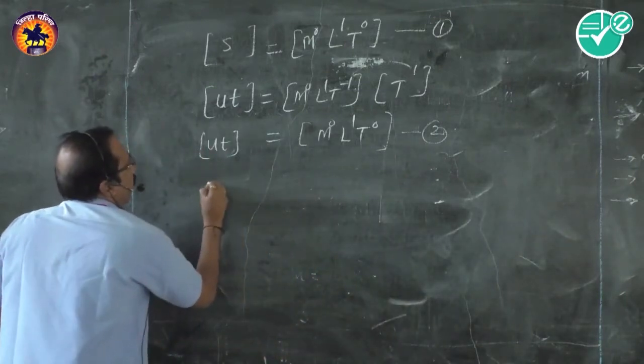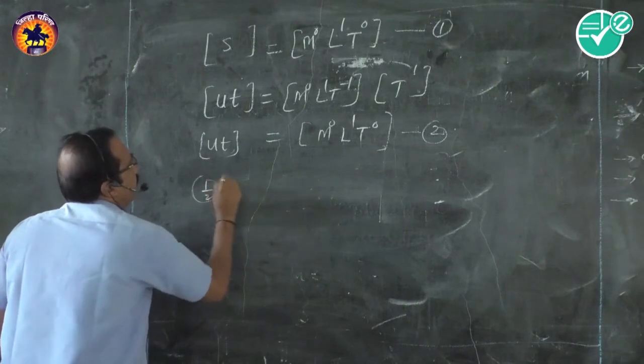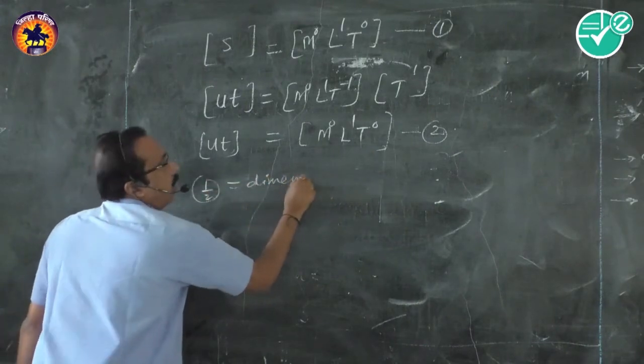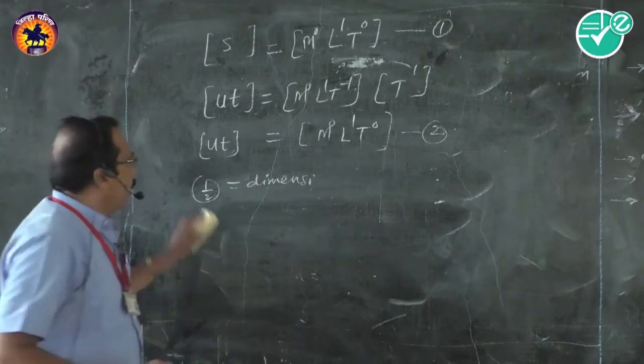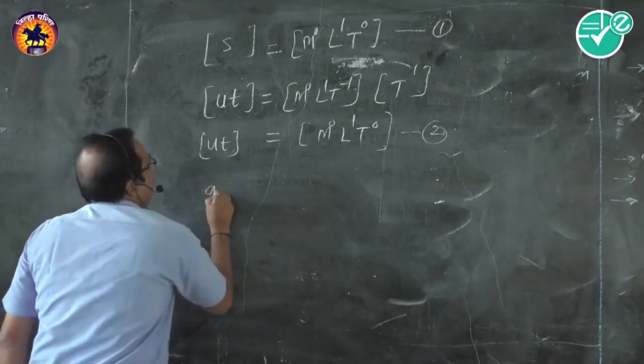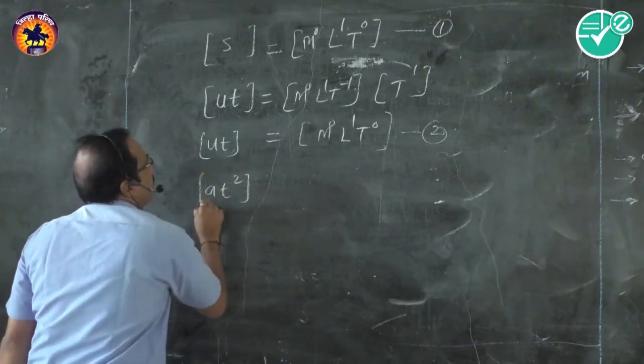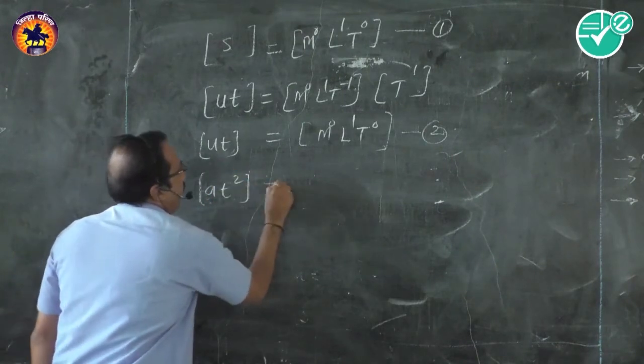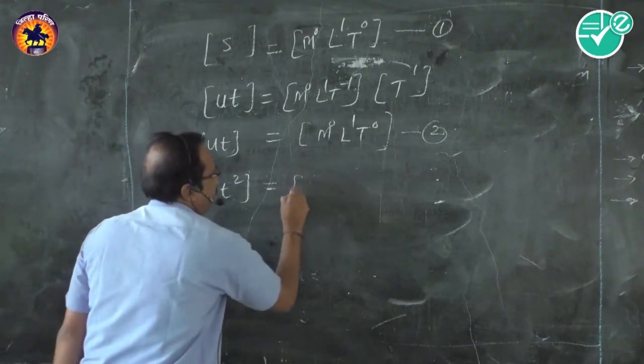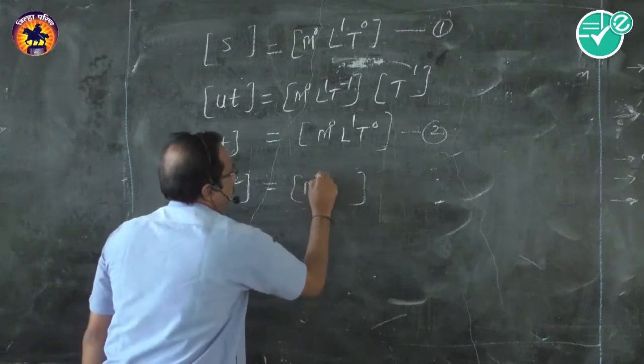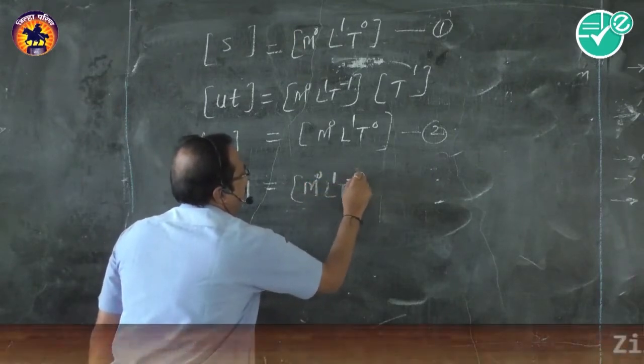And the last term: half has no dimension, it is a dimensionless quantity. Let us find the dimensions of at square, that is a and t square, not the whole square. A is acceleration, so its dimensions are m0, l1 and t minus 2.